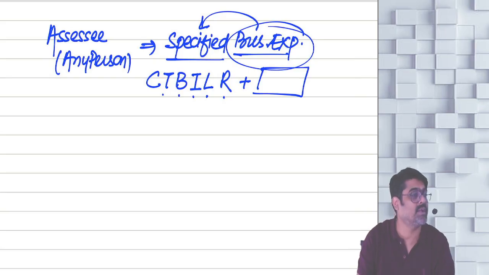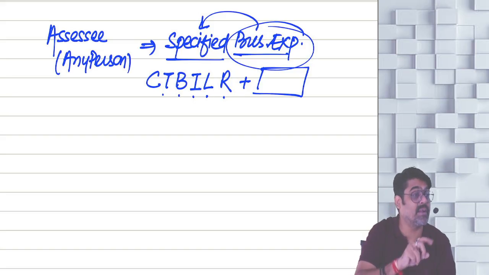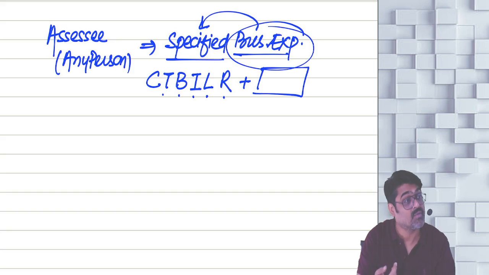Then 40A3, payment more than 10,000, more than 35,000 in a day to a person, and that payment is made other than prescribed mode, that entire payment will be disallowed. 40A3, 40A3A. If 40A3A is not there, confirm 40A3 is there in the exam. 40A3, 40A3A, both the sections are important.